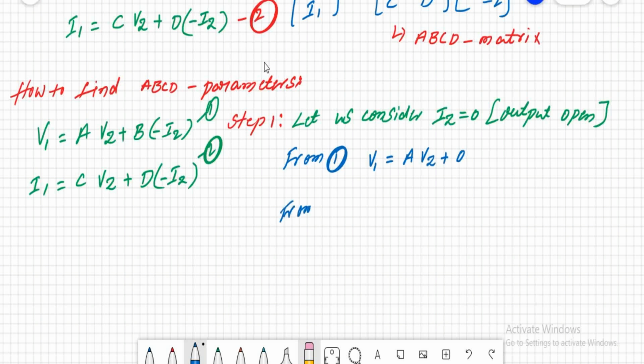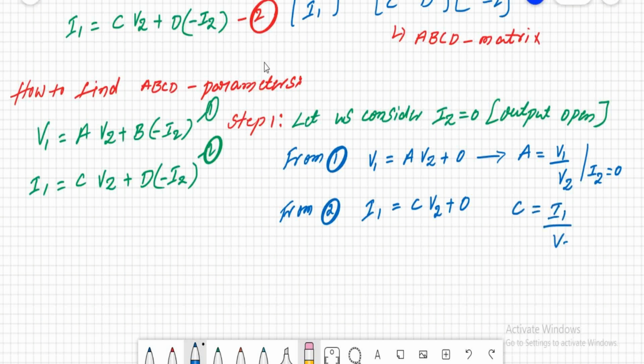From 2, I1 is equal to C into V2 plus 0. So from this we can write A is equal to V1 by V2 with I2 equal to 0, and C is equal to I1 by V2 with I2 equal to 0.